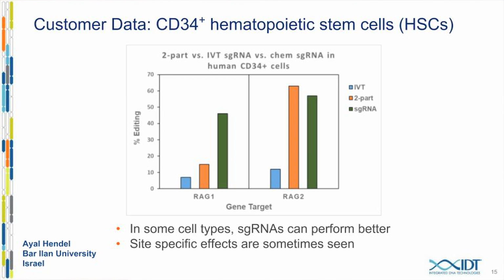Again, there are cell types that are going to have richer nuclease environments, and anything with a richer nuclease environment, the more highly modified versions are going to perform better. So here is the case that Ayal has already shown with RAG2, where in both cases the IVTs don't work as well, but the two-part system works fine with RAG2, while with the RAG1 gene, for some reason, the single guide works better.